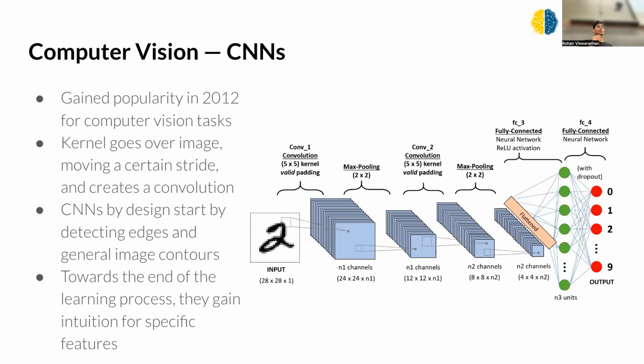CNNs by design start by detecting edges and general contours, and they get more specific as you move to further layers and deeper into the network. This should all be a review. On the right is a diagram showing how this works. Towards the end of the learning process, we understand that CNNs are able to gain intuition for specific features. We've talked about why these are a cornerstone, and you have implemented them in your homeworks as well.